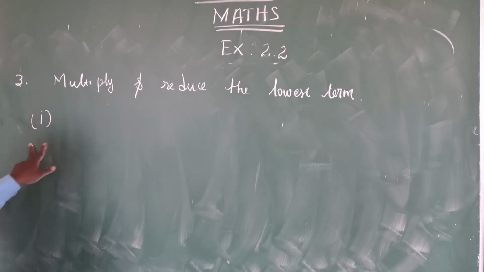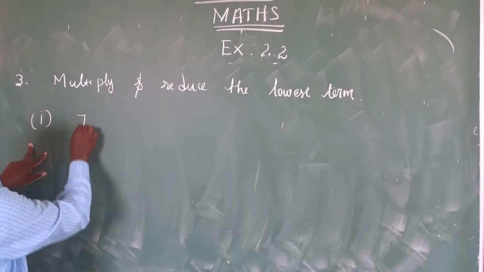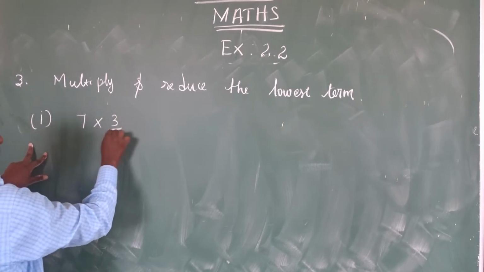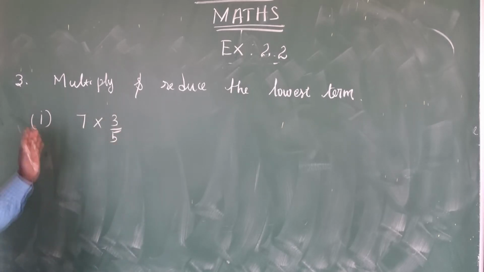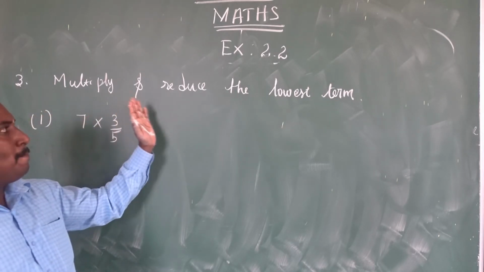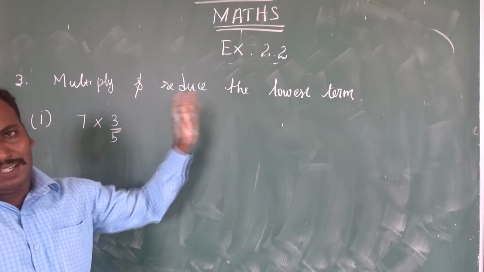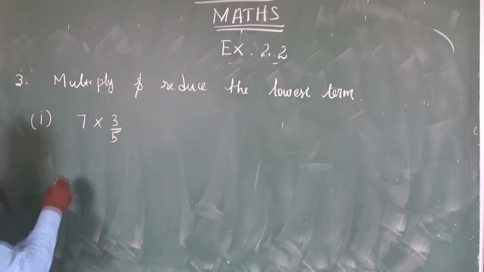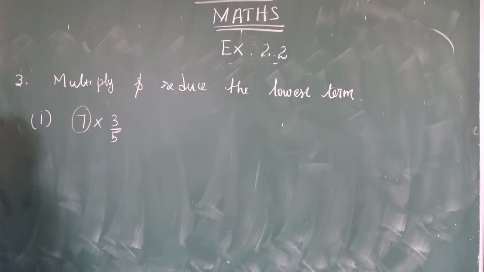The first one: 7 into 3 by 5. Listen here, third one: multiply and reduce to the lowest term. Here 7 is a whole number and 3 by 5 is a fraction.